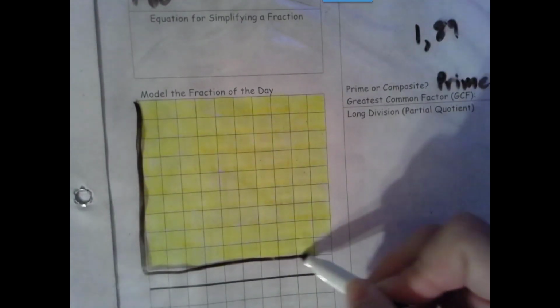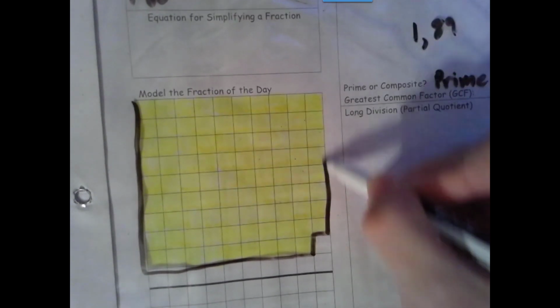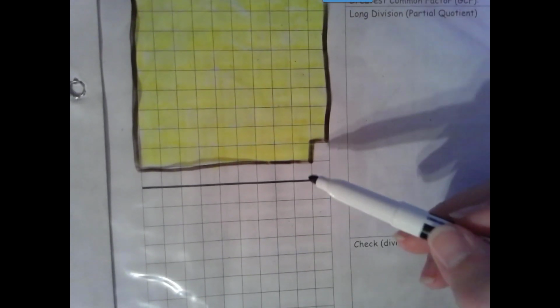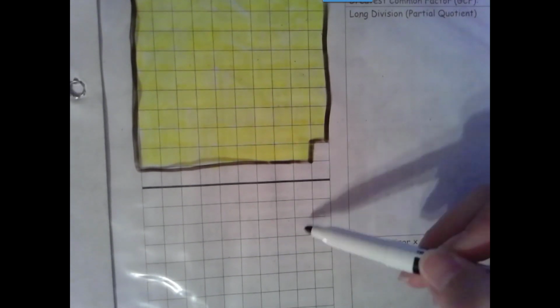So now we have to find the greatest common factor. So let's try our greatest factor of 89. Remember to keep your shaded separated from your unshaded, and make sure you have 89 in each group. So you have 10, 20, 30, 40, 50, 60, 70, 80, plus 8, and I have 2 left over.